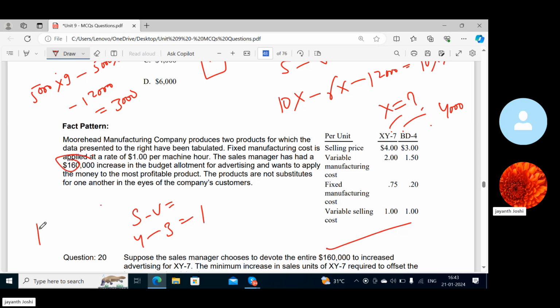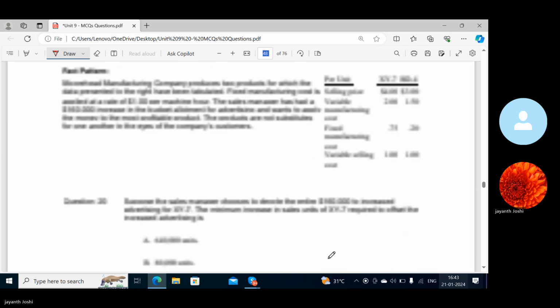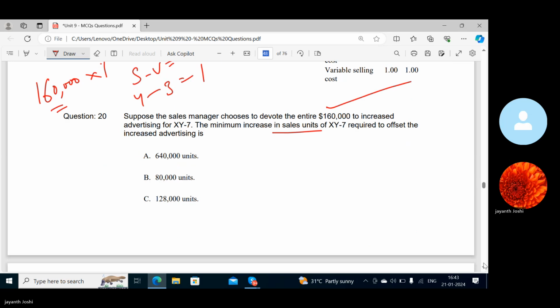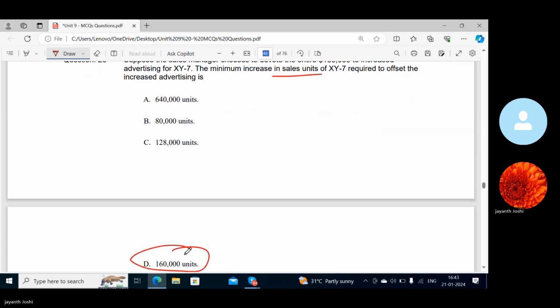So if they get this many units multiplied by 1, they can easily offset this expense, right? Yes. So how many units do they want? 160,000.